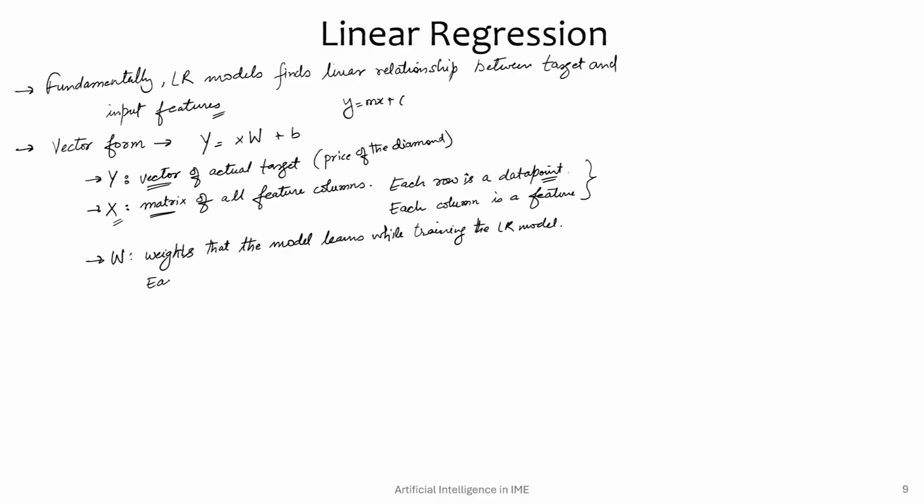Now, each w is associated with a feature. So, this is nothing but, if we rewrite this, w is an influence on the target.